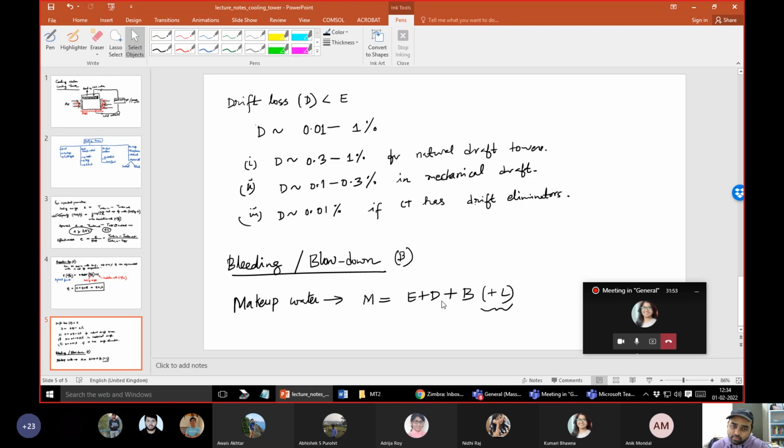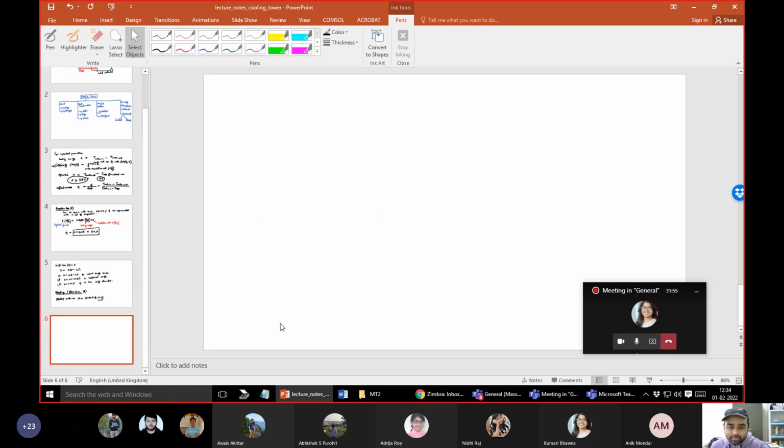Let us proceed from here. There is something known as the holding capacity of the cooling tower. So what is this holding capacity?